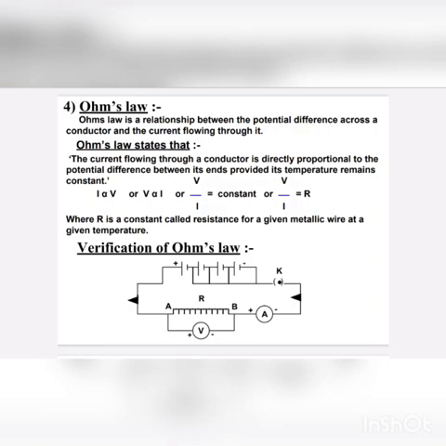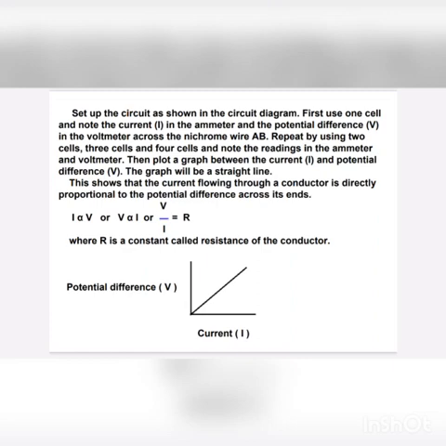The circuit for the verification of Ohm's law is given here. If you see the circuit, it consists of the ammeter, and the voltmeter is connected in parallel. If you set up this circuit and change the current, you'll find the corresponding voltage.